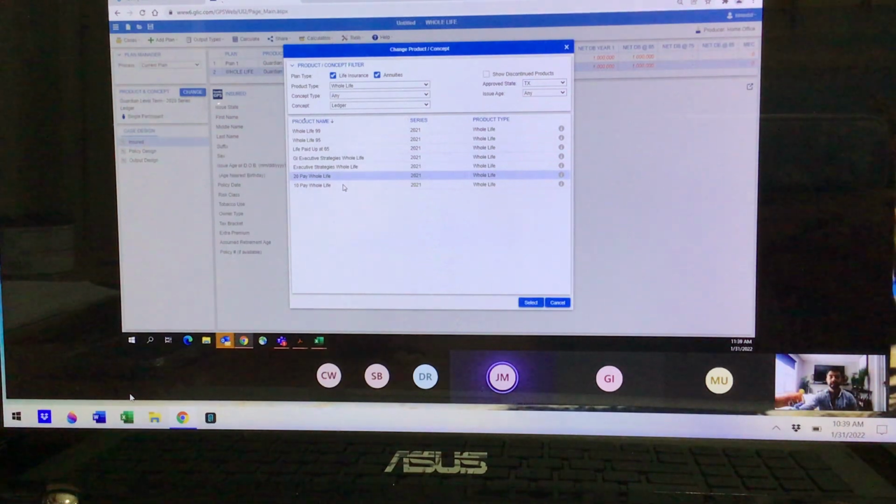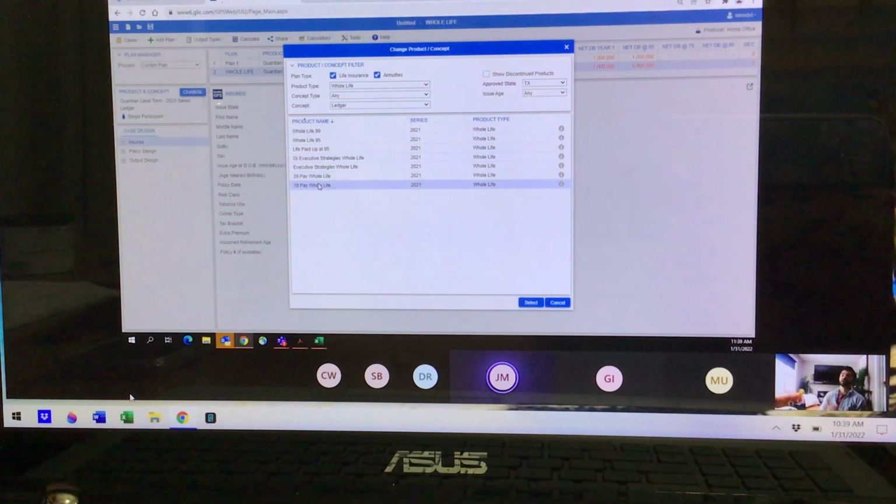Juvenile college planning, sort of like the 65 is awesome for retirement supplement. The 10 or the 20 pay would be awesome as an alternative to 529 plans, or in addition to a 529 plan, to be able to put a ton of money away into a whole life contract for a child and potentially use it to cover college costs at some point.